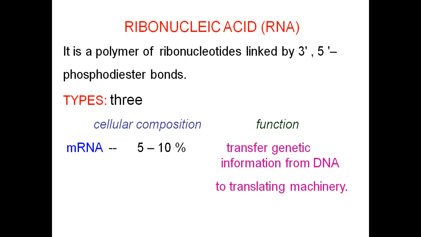Why is it named messenger? Because it carries the message that is present on the DNA to the site of protein synthesis. And proteins or amino acids are synthesized on the mRNA strand. So that is why this mRNA is called messenger RNA, because it carries the message of DNA.